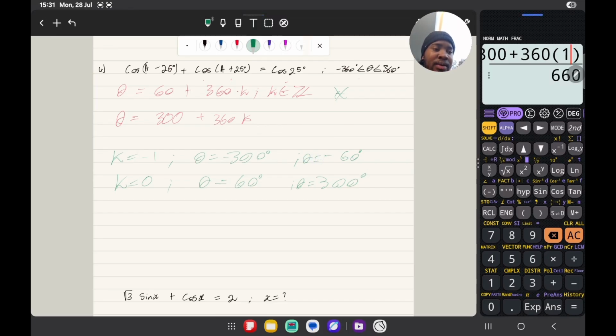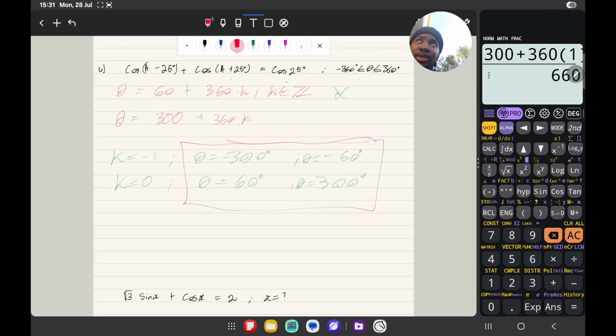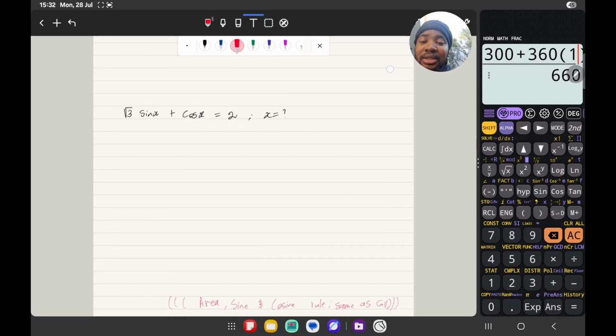And if we say 1, it's outside our range. So that means that these four angles are going to be the solution for this problem, because when they give you an interval, you do this: you substitute the values of k to find the actual answers.